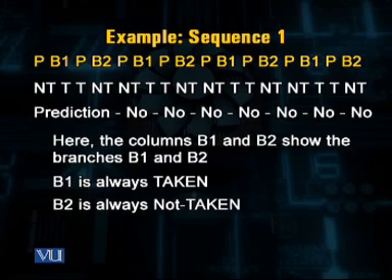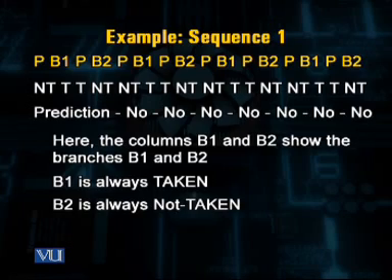Then you can see that the first B2 is therefore also mispredicted and P is inverted again to not taken. Now when we invert P once again, it results in a misprediction for the second B1 and it is inverted again.